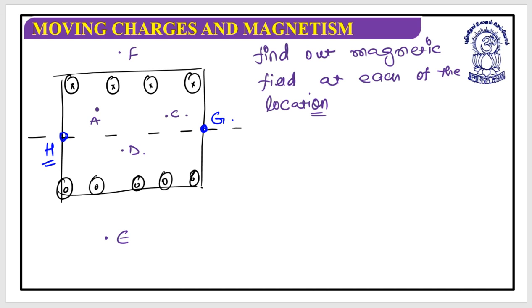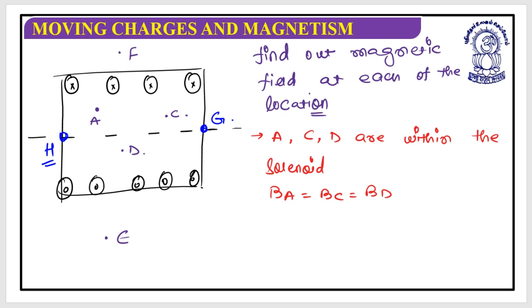So what I understand is that locations A, C and D are within the solenoid. So B at A, B at C, B at D are the B inside, and that could be represented as mu naught into Ni. Yes, it is the same irrespective of distance from the axis.